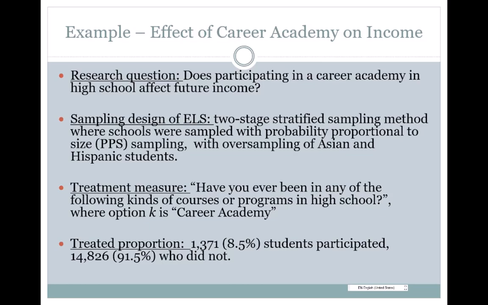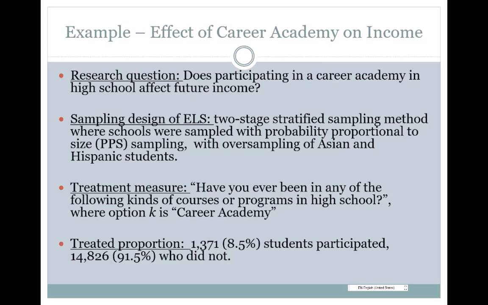What it means is that in order to account for this sampling design, you will have to use sampling weights, and you have to estimate standard errors in ways that are compatible with the fact that students are within clusters, which here are schools. So, for example, you could use cluster robust standard errors, or you could do a design effect adjustment for clustering.